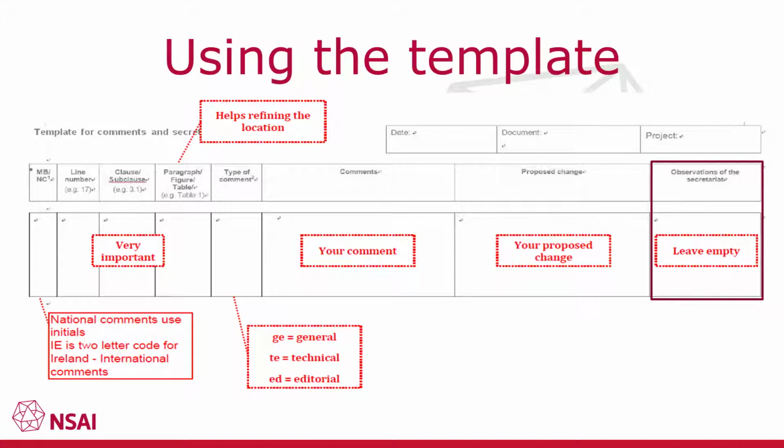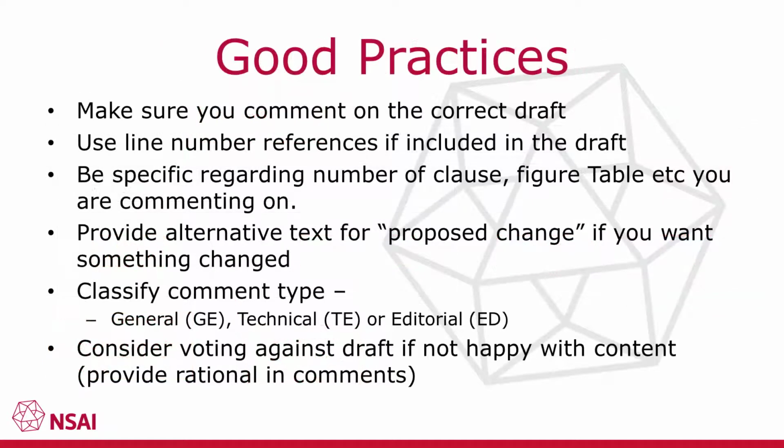In general, if you have issues with a draft standard, it is better to vote against it and provide a rationale for your position in the comments template. Next slide. Good practice points to consider when completing the template. Make sure you comment on the correct draft. Use line number references if included in the draft.